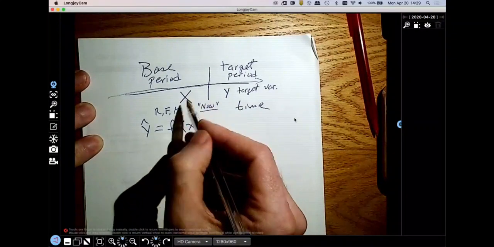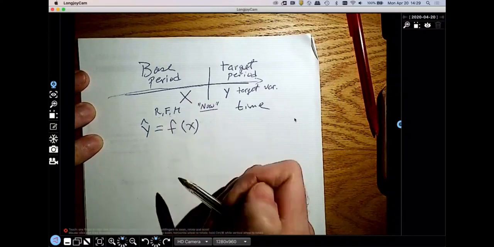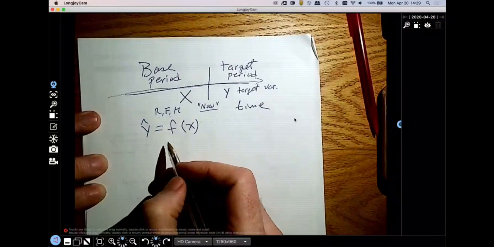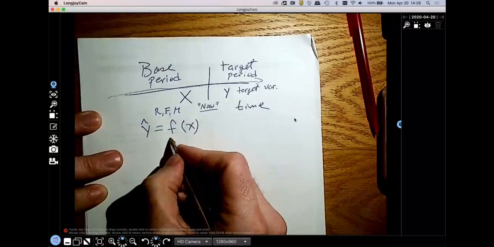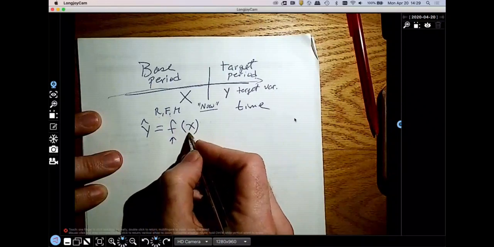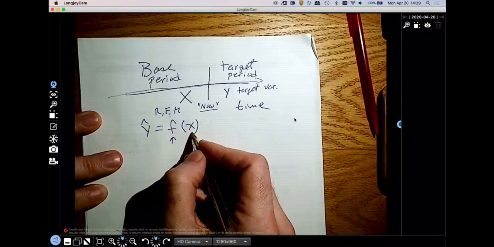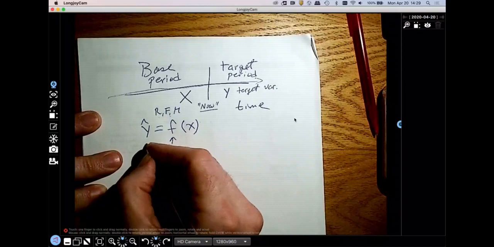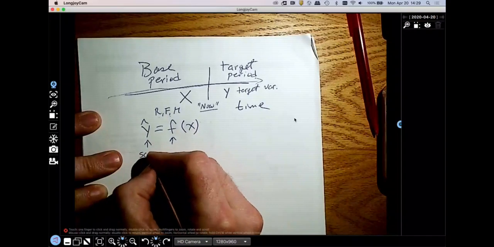So I form X variables like recency, frequency, and monetary. And then from this, I'm going to build some predictive model, call it F, and I evaluate F at these predictor variables in order to produce a score.